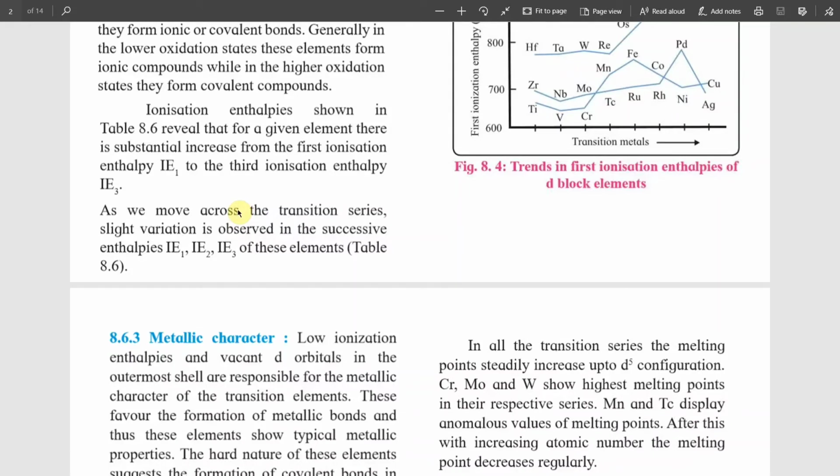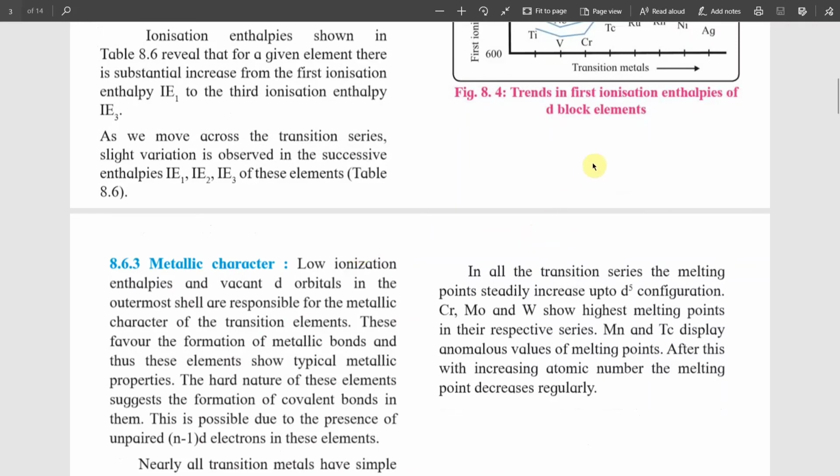Energy required, ionization enthalpy. What is ionization enthalpy? Ionization enthalpy is defined as the amount of energy required to remove the outermost electron completely from a gaseous atom in its ground state.